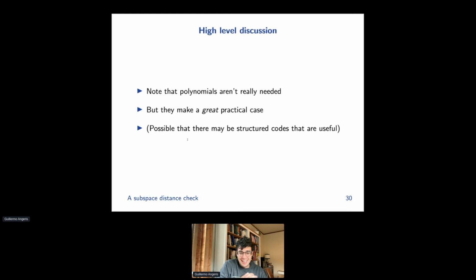But the point is, polynomials themselves are not the most necessary aspect of this. There might be other structured codes that are also similarly useful, which could lead to more interesting or perhaps more efficient similar constructions.